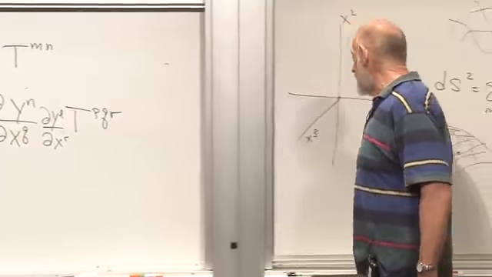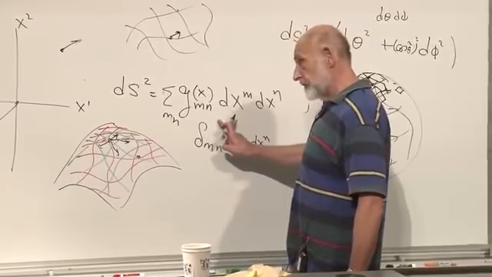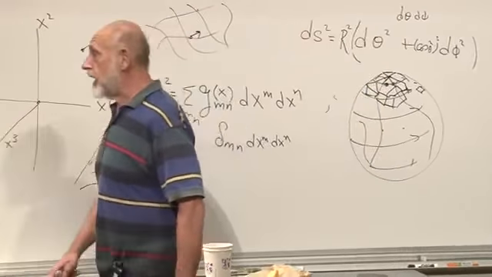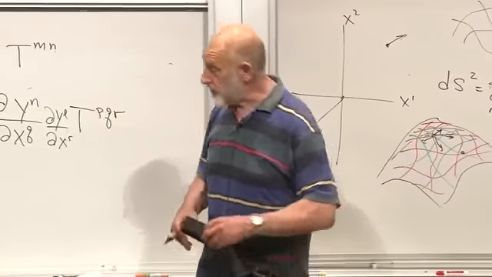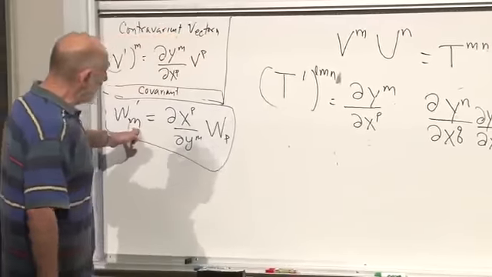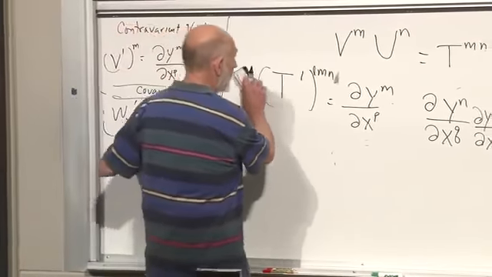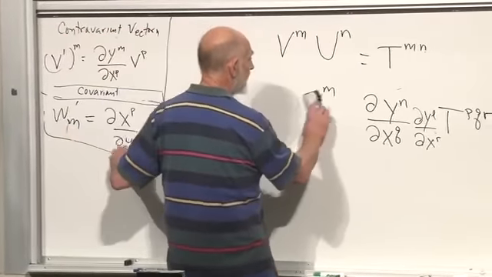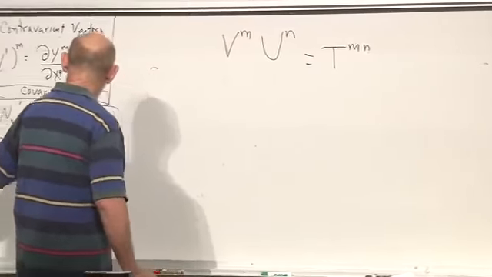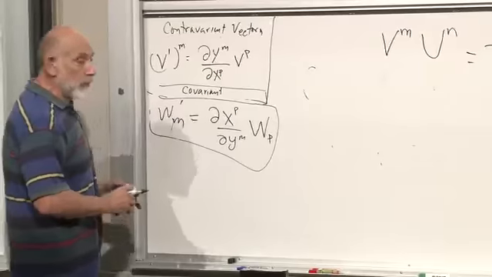We're going to see that this metric thing here is a tensor, but it's a tensor with covariant indices. So let's ask how things with covariant indices transform. Here is the way a single covariant index transforms. Let's go back and take the product of two of them.